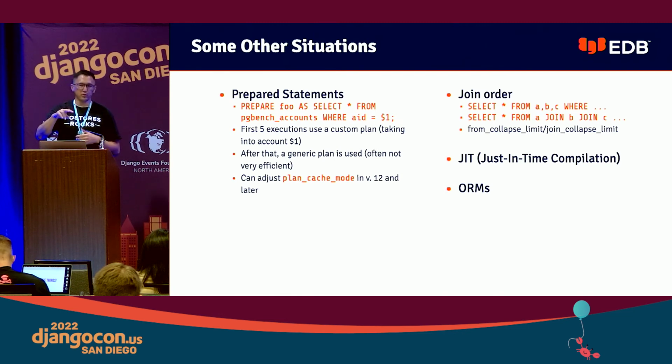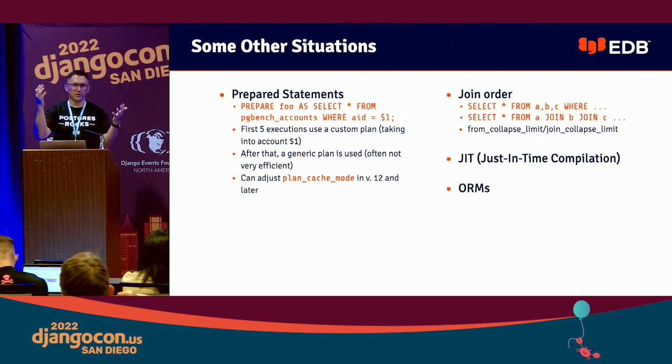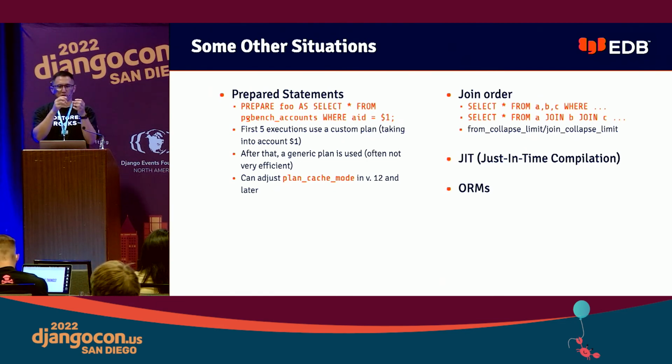Now, these two limits that are in the config, they basically are a threshold. If you have more than this many tables, like let's say 8, if you have more than 8 tables, then it'll preserve the joins, and then, sorry, I got that mixed up. It will reorganize based on what it knows to see if it could help you find a better performing query plan.